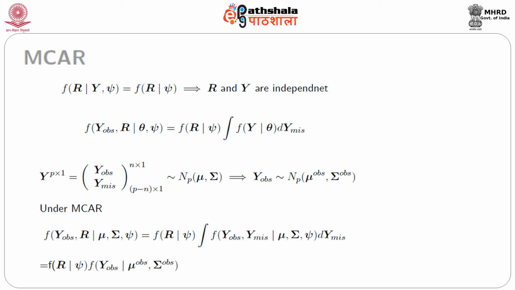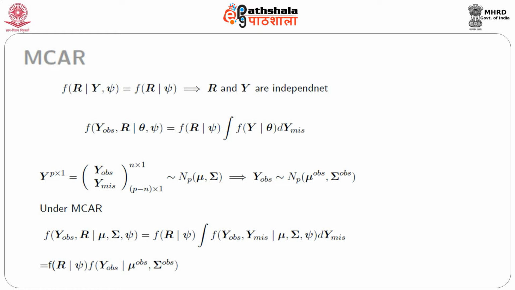Let y be a p cross 1 vector and let y observed be the first n cross 1 observation. So the first n observations are observed and the remaining p minus n observations are not observed, and assume that y follows N_p(mu, sigma). Then we know that y observed follows N_n.